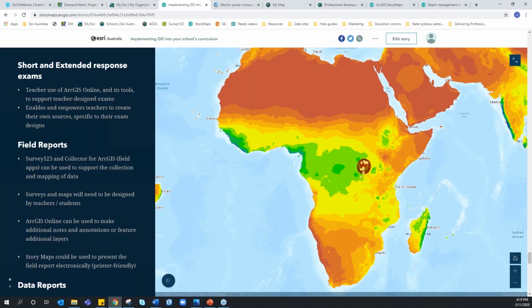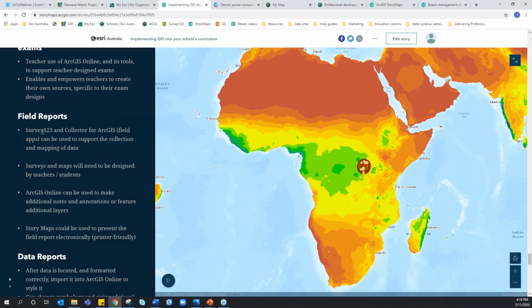Field reports, again, the use of field applications like Survey 123 or Collector can be used to support the collection and mapping of data. Surveys and maps will need to be designed by teachers and students. I would recommend that if you want a uniform survey or a uniform Collector map so that all of the data is the same, then you would produce that survey, but not in isolation.